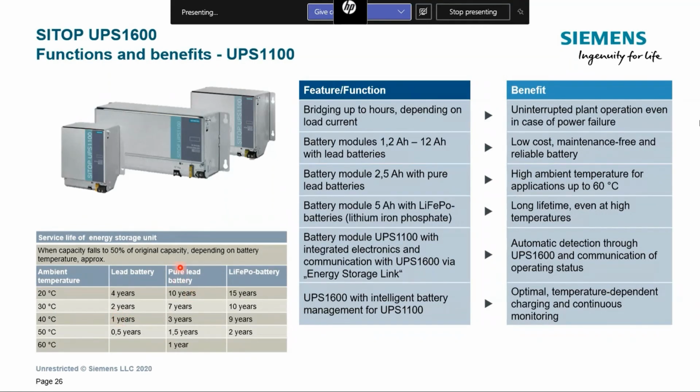But you can see that the pure lead can operate up to 60 degrees, and it relatively lives more. But even the lithium iron phosphate, which is the best here, lives for a really, really long time without the need of replacement.